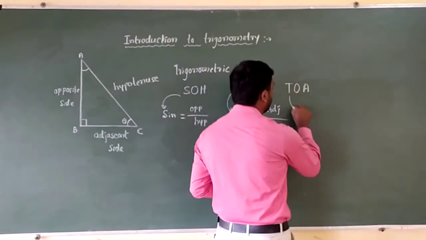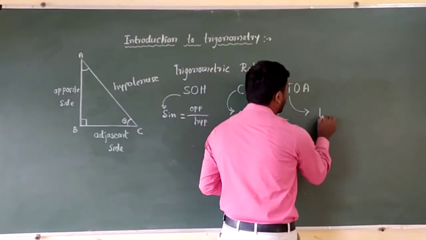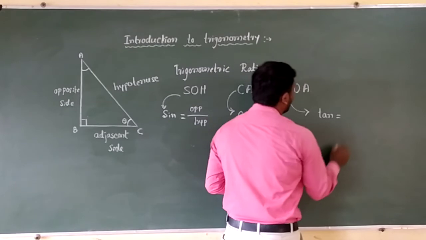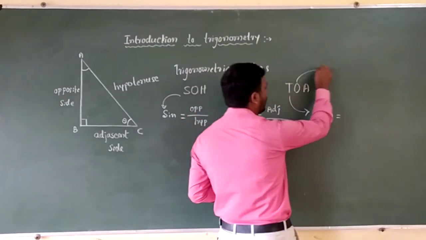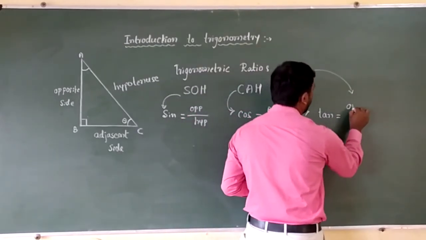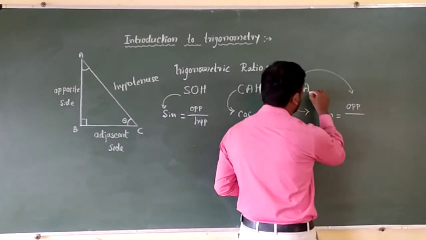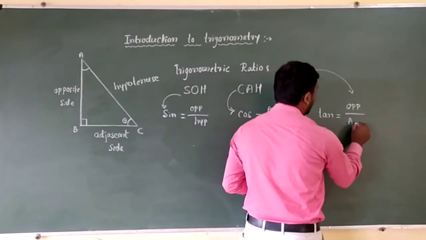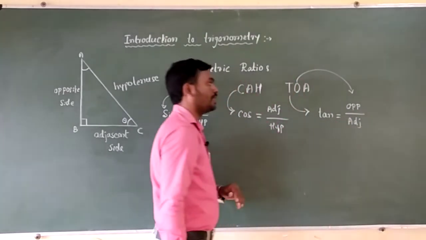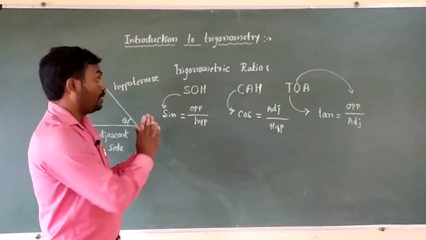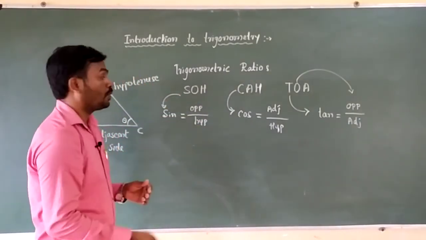Likewise here also T stands for tan, O stands for opposite and A stands for adjacent. This is the trick to write the 6 trigonometric ratios.